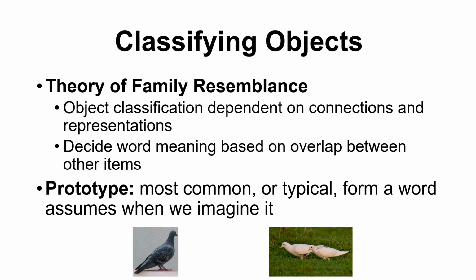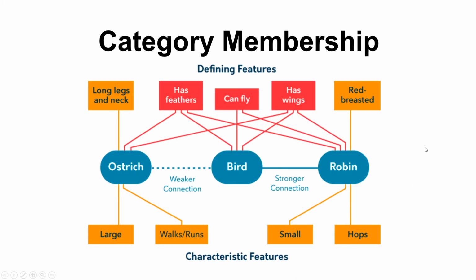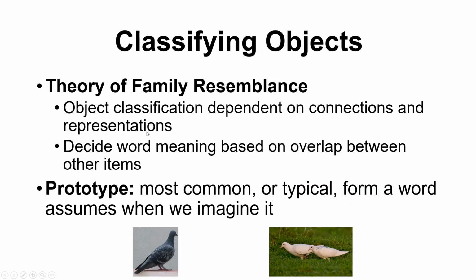One of the theories that we can use for classifying objects is the theory of family resemblance. This says that object classification is dependent upon connections and representations, like what we just saw with different defining features or individual characteristics.